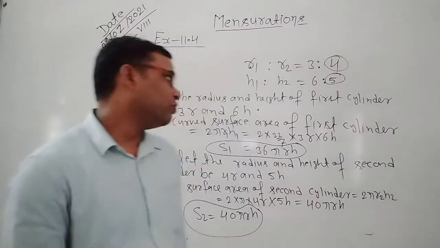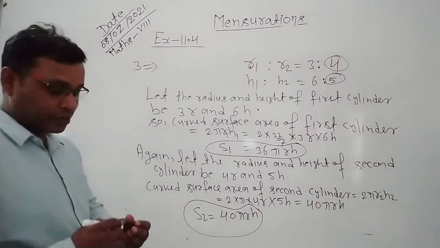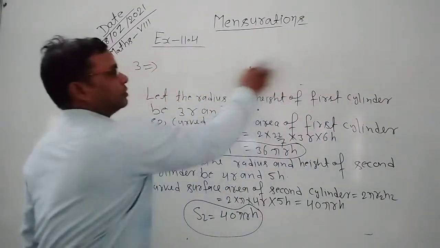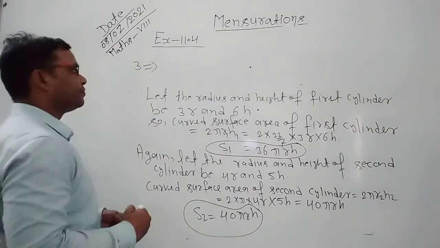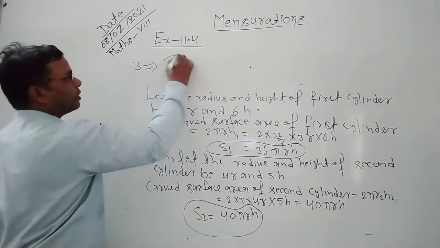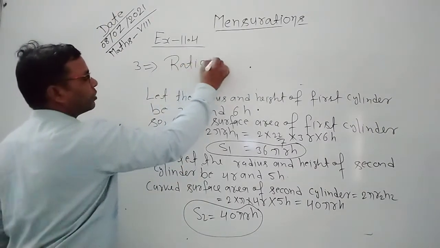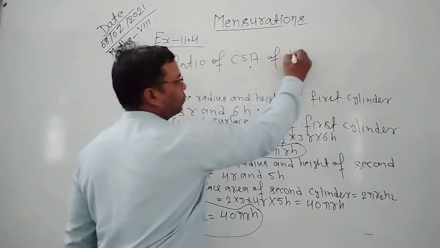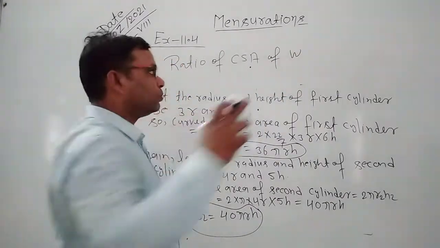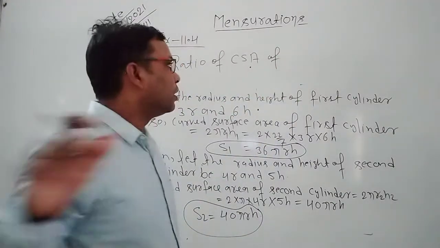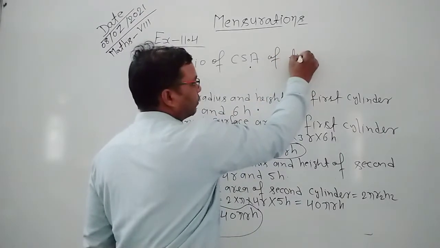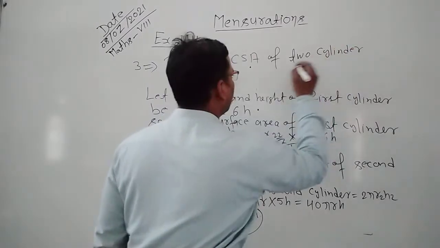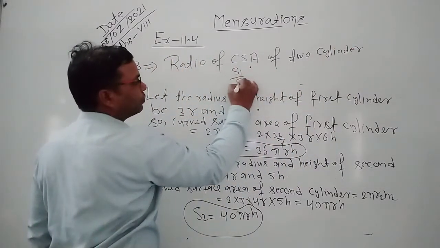So how do we find it? The ratio of the CSA, curved surface area, of the two cylinders is equal to S1 by S2.